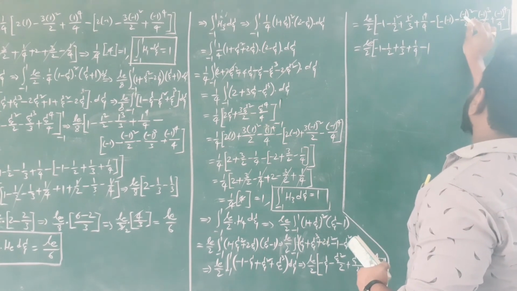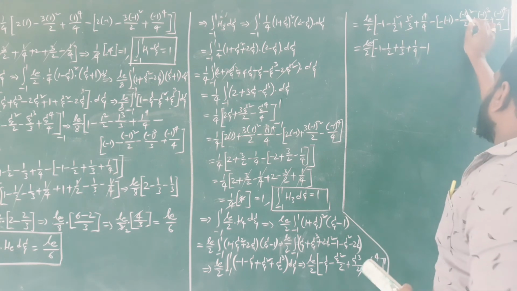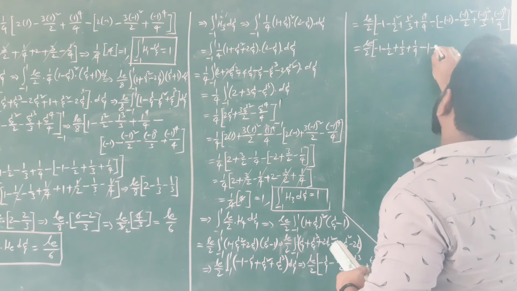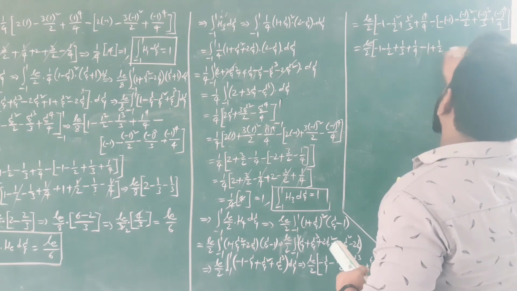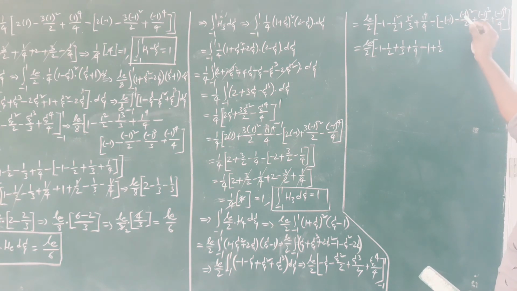Okay, next minus 1 square is plus 1 by 2, minus into minus plus, that is plus 1 by 2 here, because it has a minus outside.